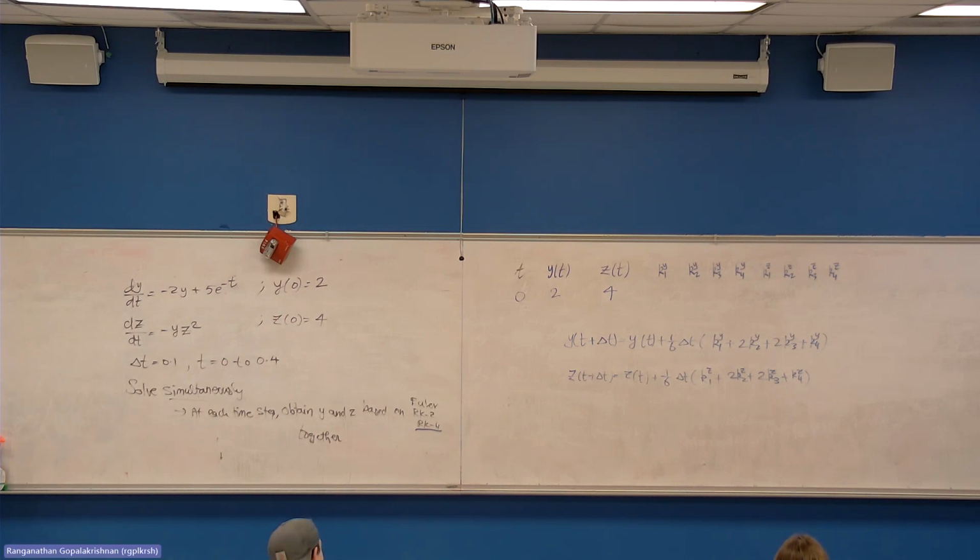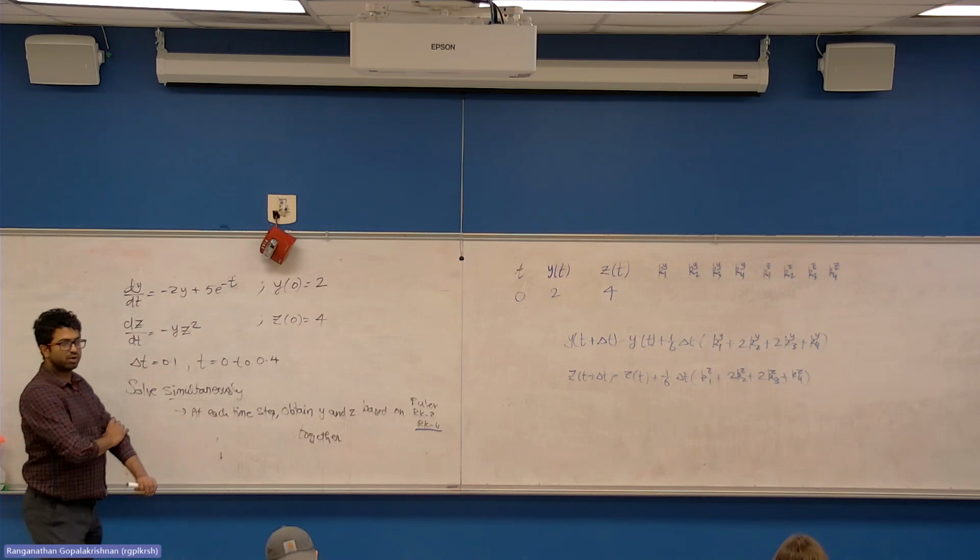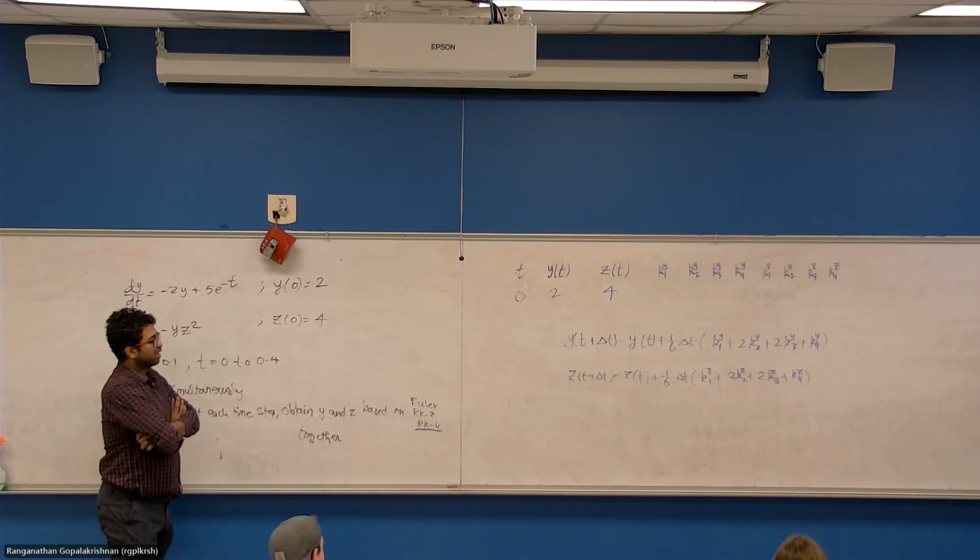Nothing to it, right? You can do this. You have to compute K1, K2, K3, K4, two sets of those at each time step.